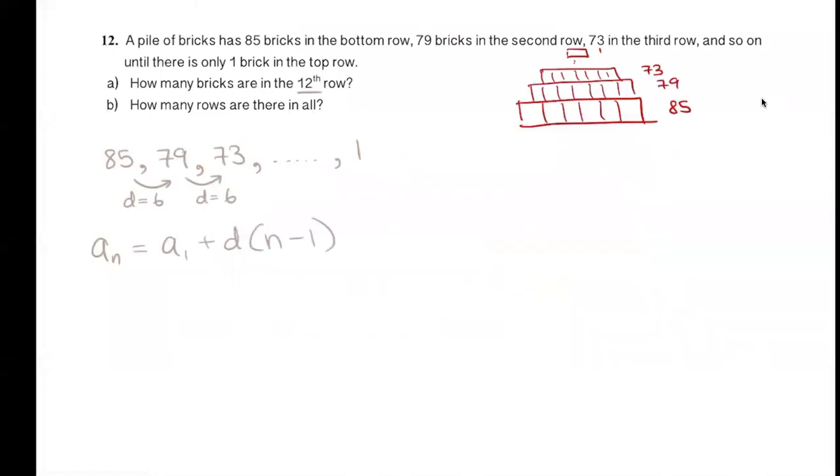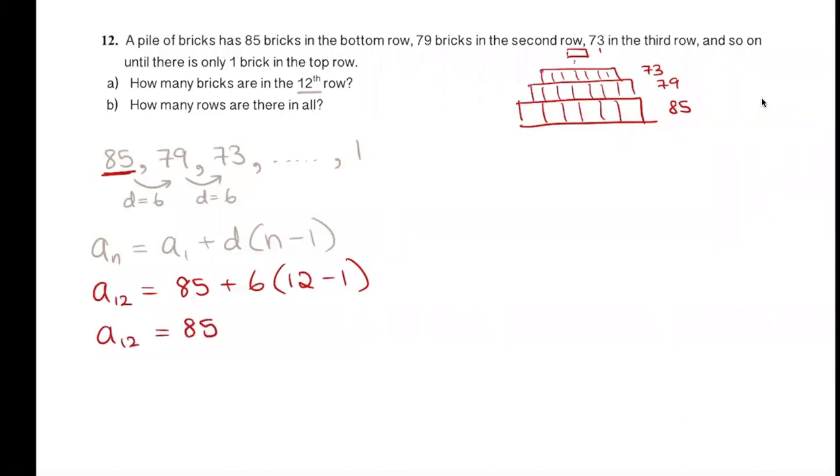I'm going to plug in n to be 12 because I want to know what is the 12th term in that sequence. My first term is 85, right? That's the very first one. And Maddie, you found the common difference of 6, and now n, which is 12, minus 1. Yep, there you go.